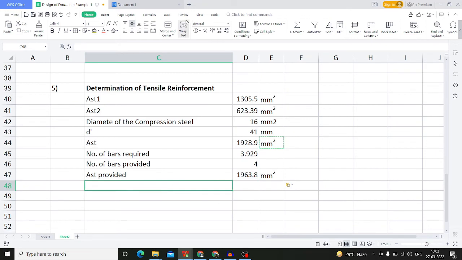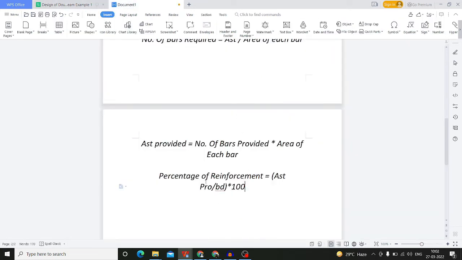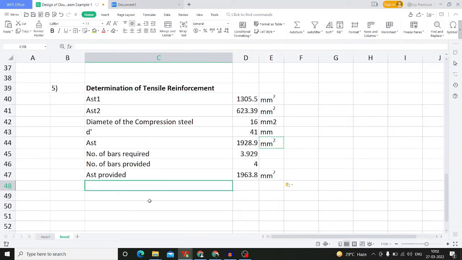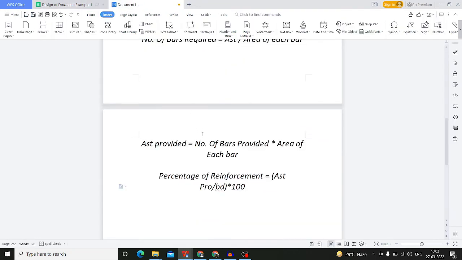We can also find the percentage of reinforcement provided, percentage of steel. We get the use of this when we are dealing with the design of shear. PT percentage of steel equal to, we can refer the formula AST provided divided by BD into 100.